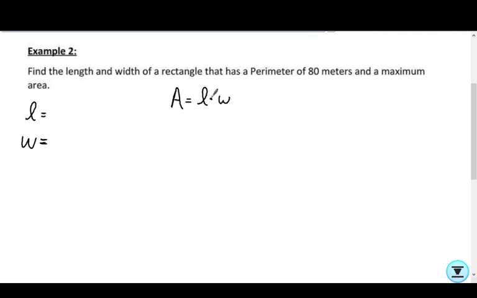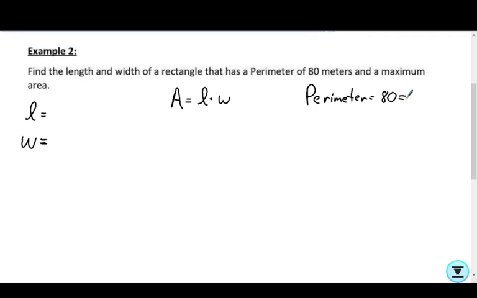Okay, now what is limiting my area? Why can't my area be as big as possible? Well, what's limiting my area is my perimeter. My perimeter has only 80 meters. So my perimeter is equal to 80.